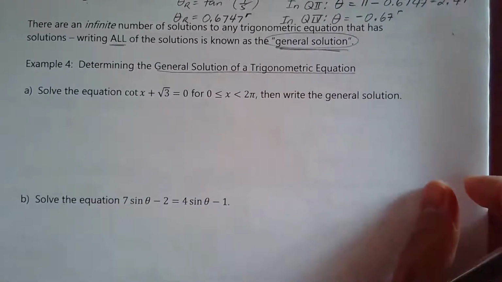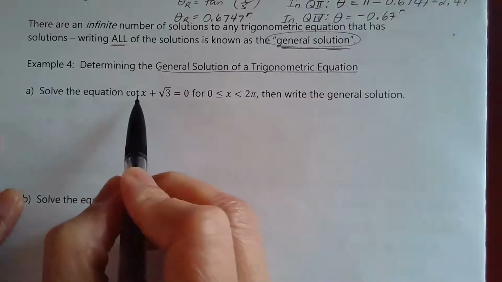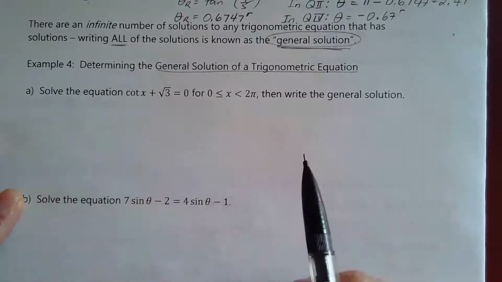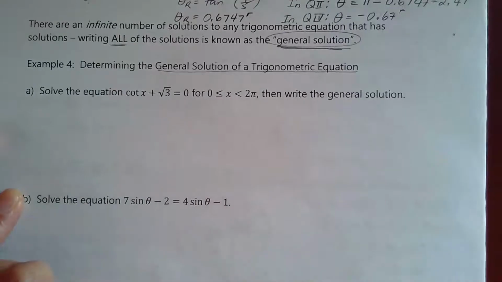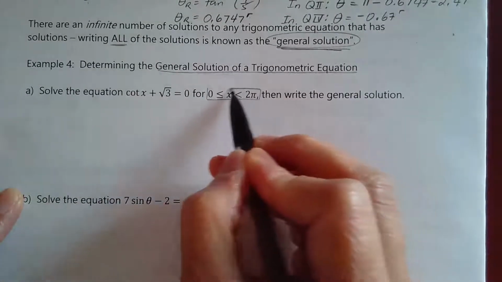So let's see what that looks like. Solve the equation cotangent of x plus root 3 equals 0, spanning only from 0 to 2 pi.